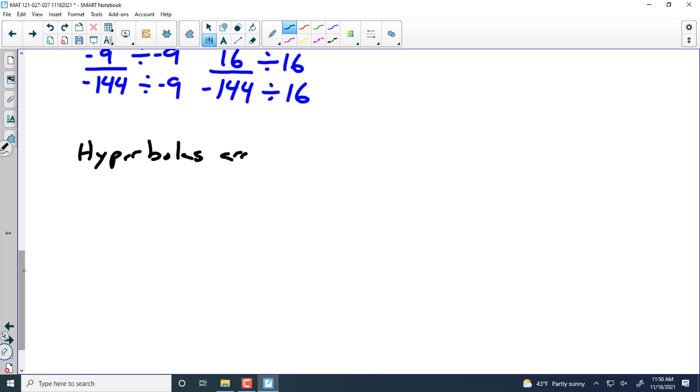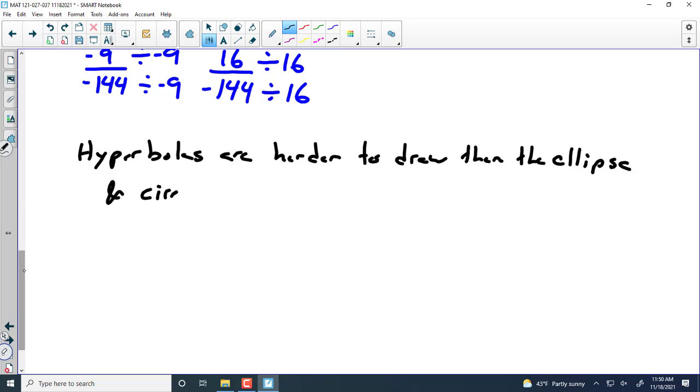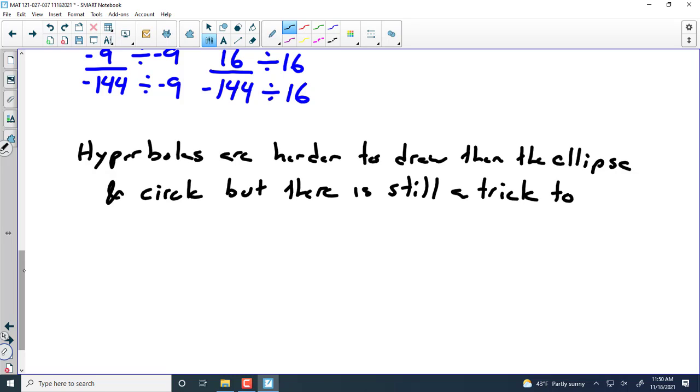Hyperbolas are harder to draw than the ellipse and circle. But there is still a trick to drawing them.